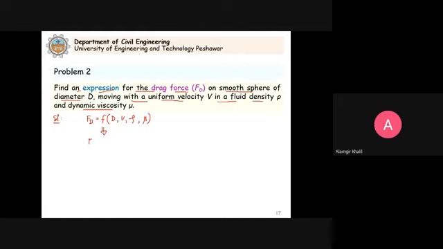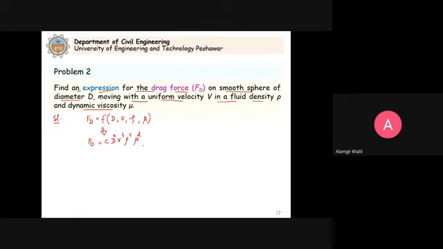So we have Fd equal to C, a dimensionless constant, times d power a, velocity v power b, the mass density power c, and viscosity power d.